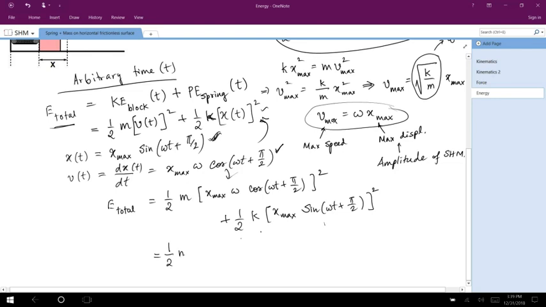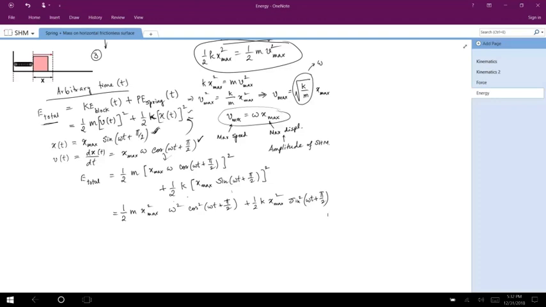So we have 1/2 m x max squared omega squared cosine squared omega t plus pi over 2 plus 1/2 k x max squared sine squared omega t plus pi over 2.